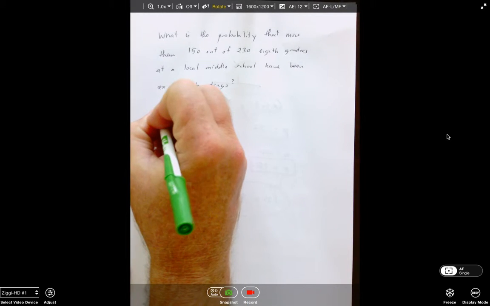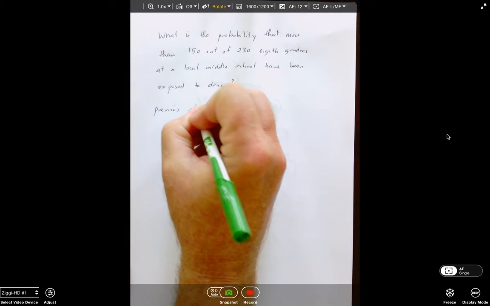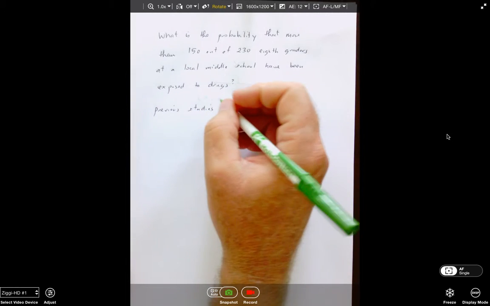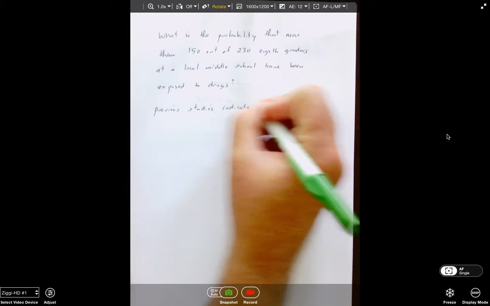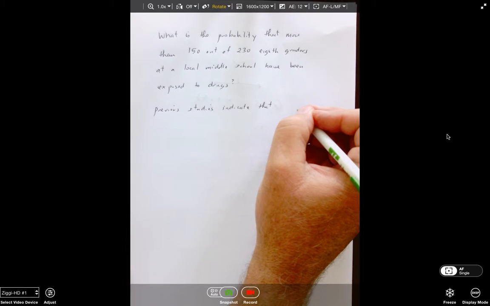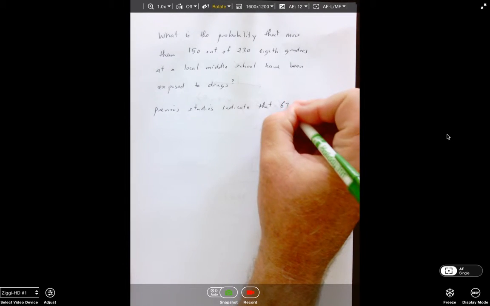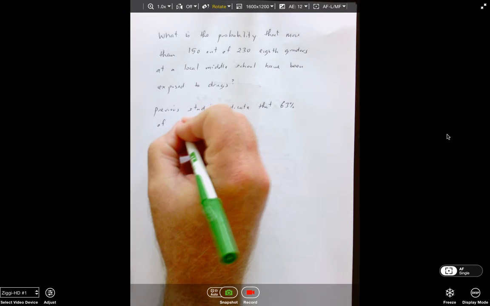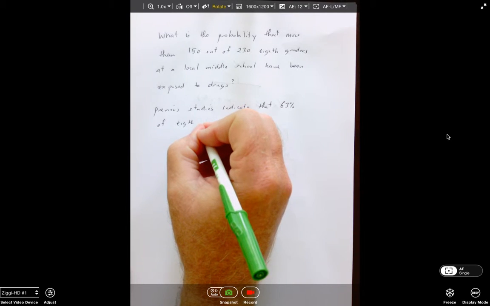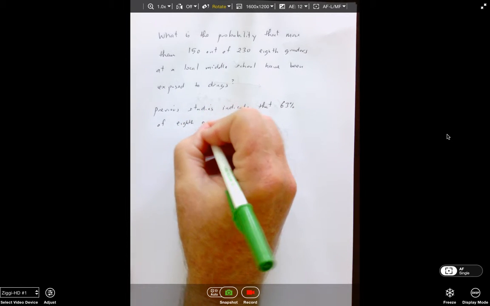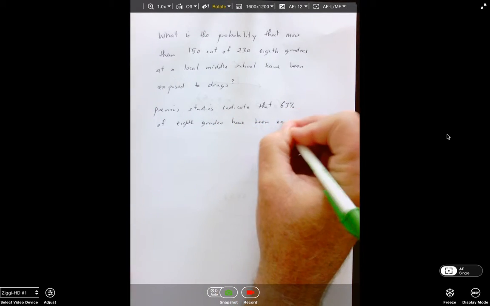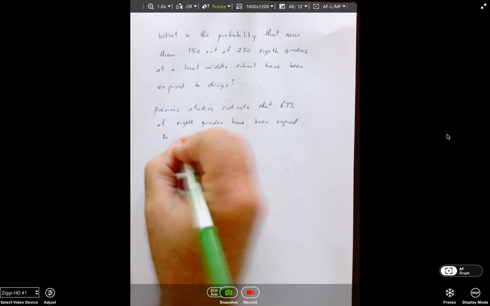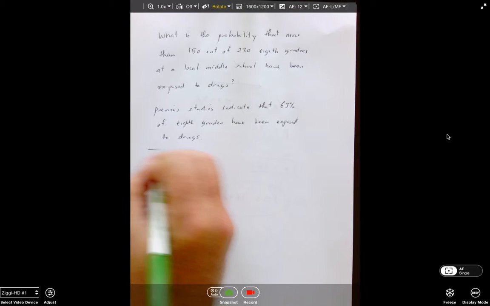Previous studies indicate that 63% of 8th graders have been exposed to drugs.